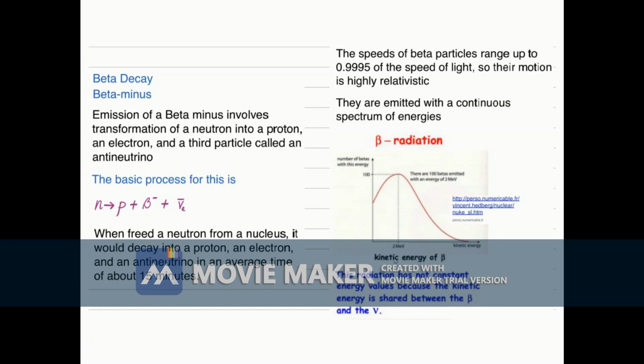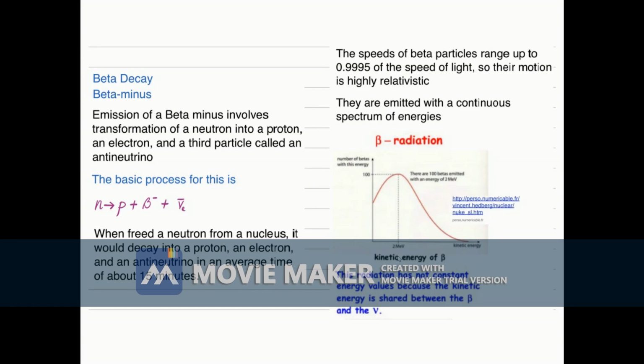So this is the graph. First of all, beta particles are much faster than the alpha particles, precisely 0.995 of the speed of light. It emits a continuous spectrum of energy.